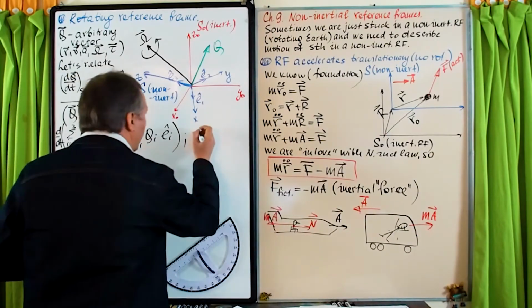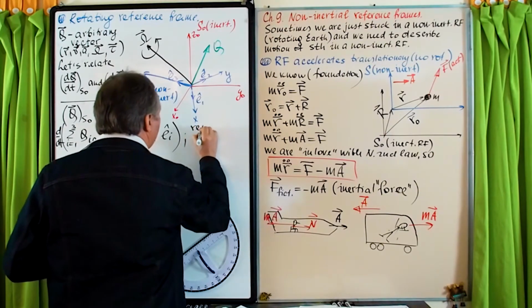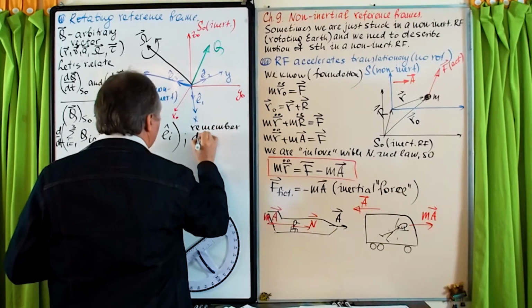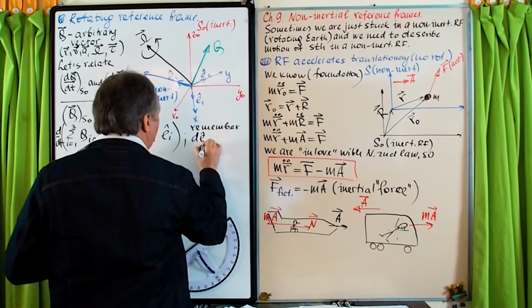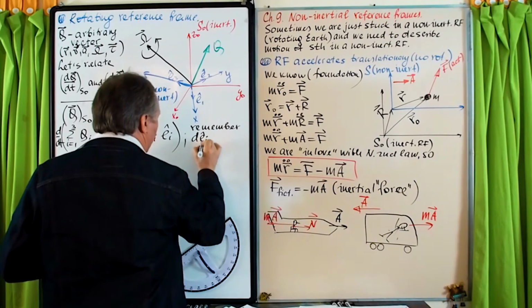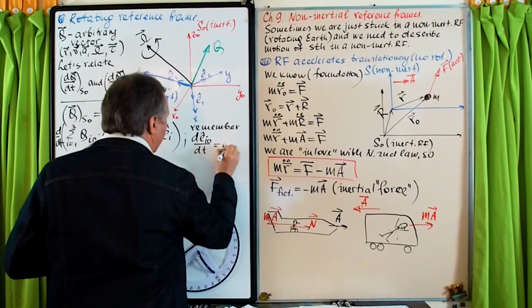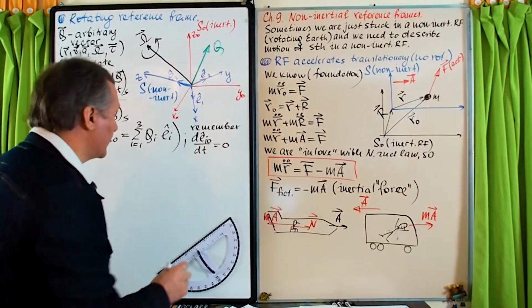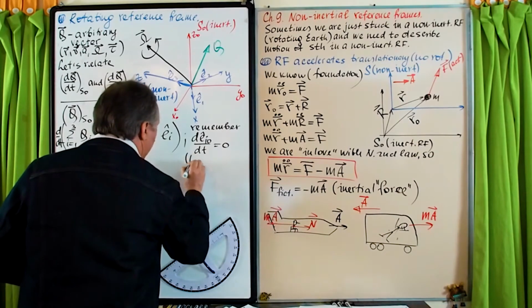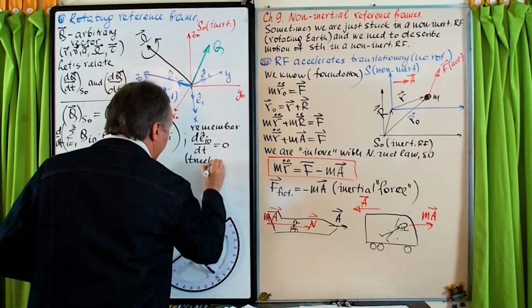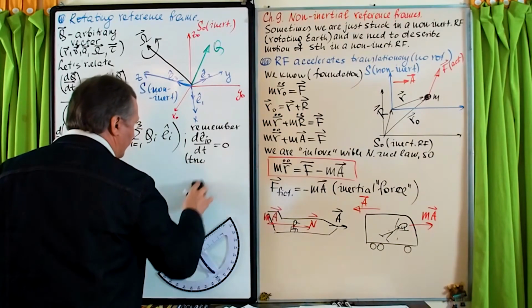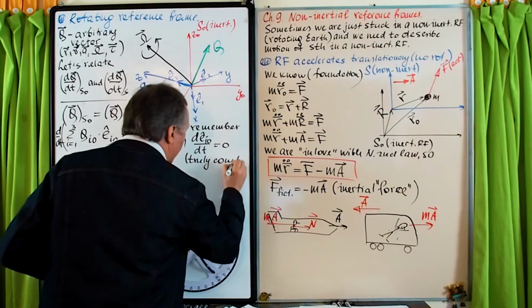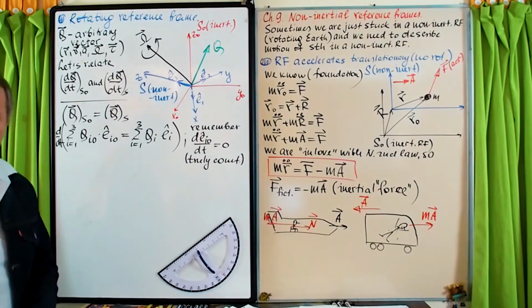So d e i0 over dt equals 0. They are truly constant vectors.